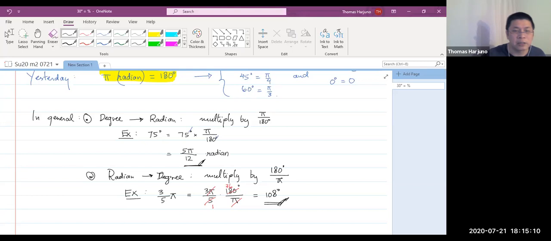It will be nice if you can memorize the special angles.